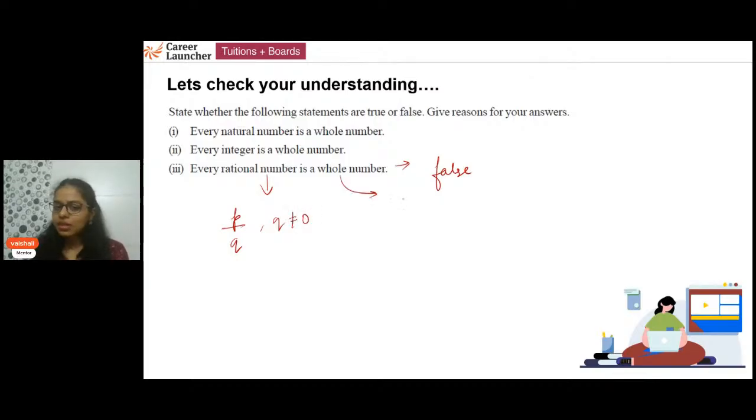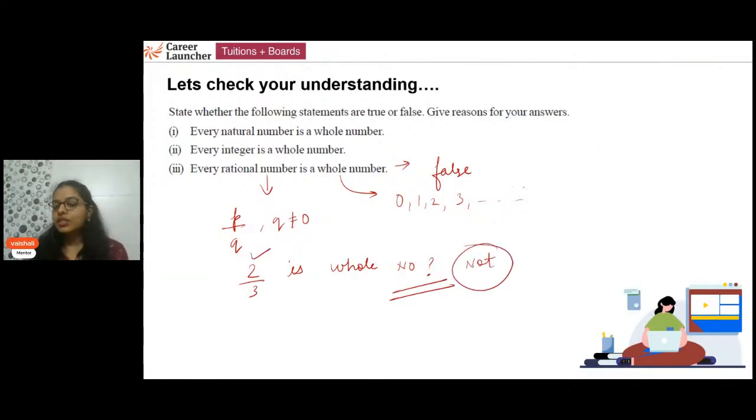And a whole number is of the form 0, 1, 2, 3 and so on. So can I say that 2 by 3 is a whole number? Yes, very good, Akshat. 2 by 3 is not a whole number, because a whole number is also of the form p by q, but with the denominator always 1, right? So this is also false, and the contradictory example that I can give is 2 by 3.